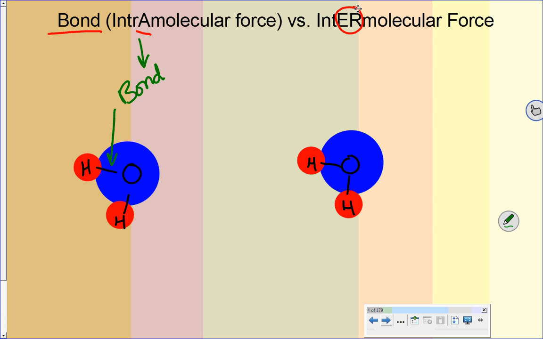It's within a molecule. To be intra means you're within. Inter, if you were to get on an interstate highway, is between separate states. So what we identify here as being an intermolecular force is an attraction that occurs between these separate molecules right here. So this is a force between separate molecules.